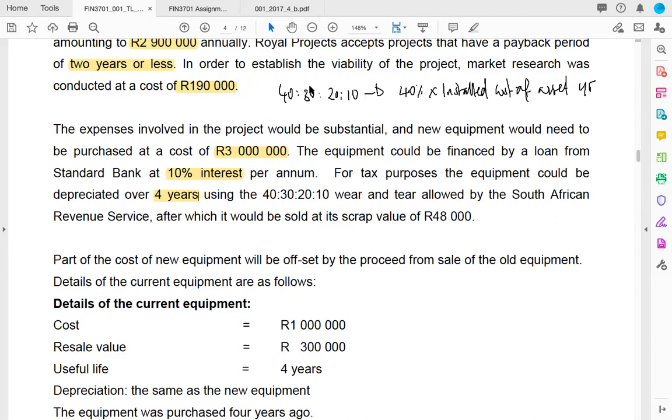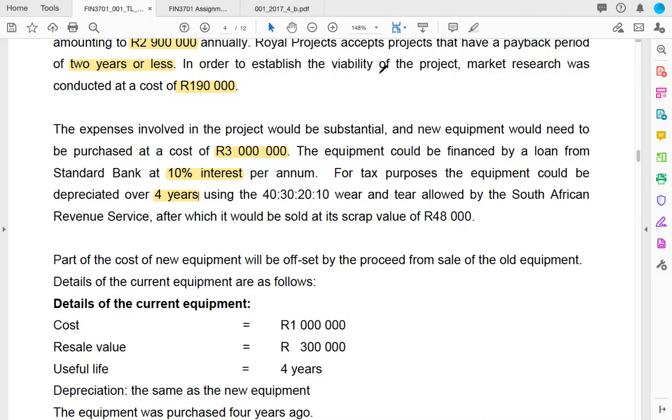And then your depreciation in year 2 will be 30% of the installed cost of the asset. So that's in year 2. This is in year 1. And then in year 3, it will be 20% of the cost of the installed asset. And then lastly, in year 4, it will be 10% of the cost of an installed asset.